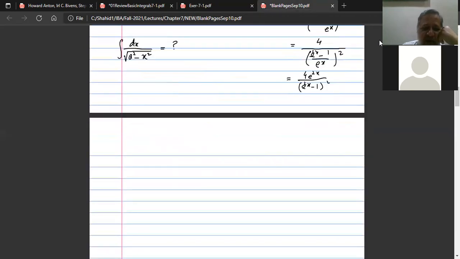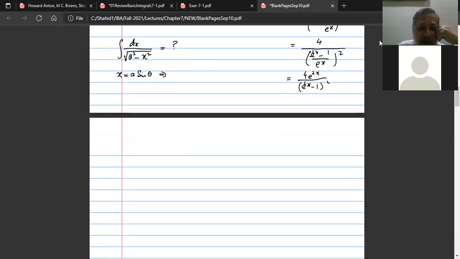And we will discuss these substitutions in detail at a later stage. In this form, when under the root the constant is positive and the variable x square is negative, in this case, we always make the substitution x is equal to a sine theta.